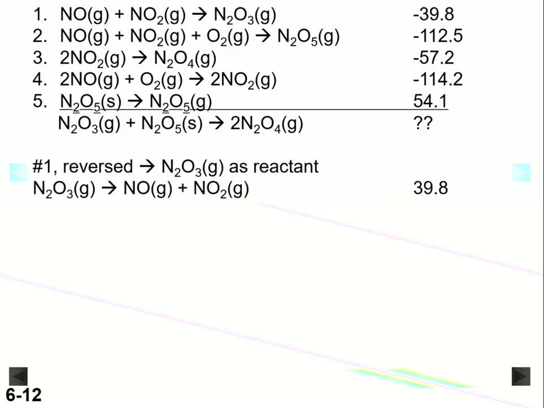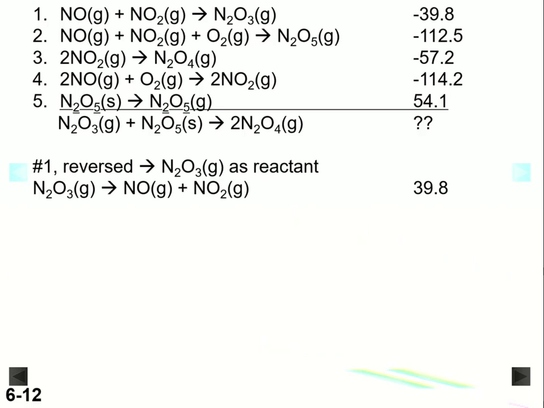So we will reverse reaction number 1 because we need N2O3 as a reactant. And if we do that, we end up with N2O3 going to NO plus NO2. So if we reverse the reaction, what do we do with the delta H? We change the sign.